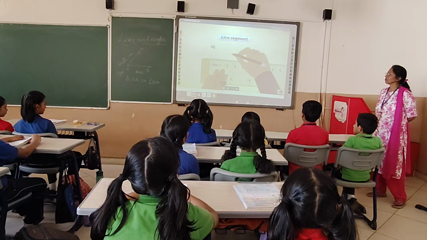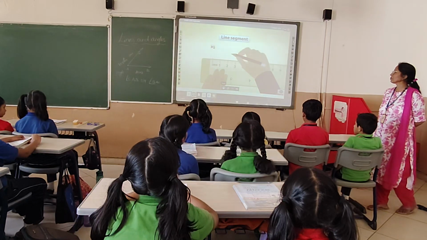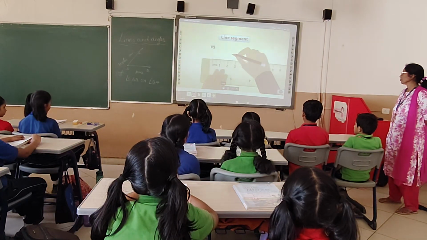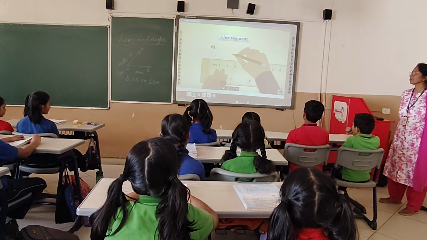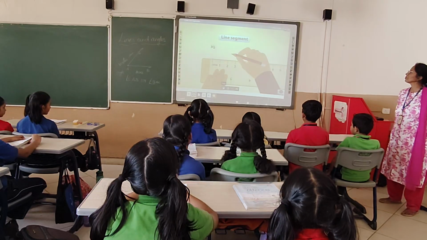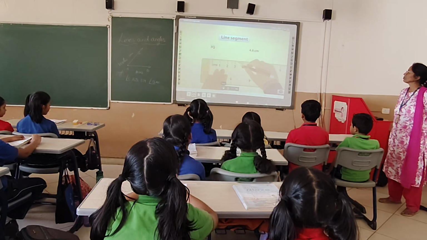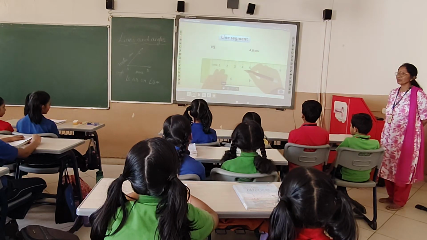Remember, do not move the ruler from its position until the line segment is complete. Now, we need to correctly locate the 4.8 centimeters mark on the ruler. The best way to do this is to first locate the 4 centimeter mark and then count 8 millimeter divisions after it.